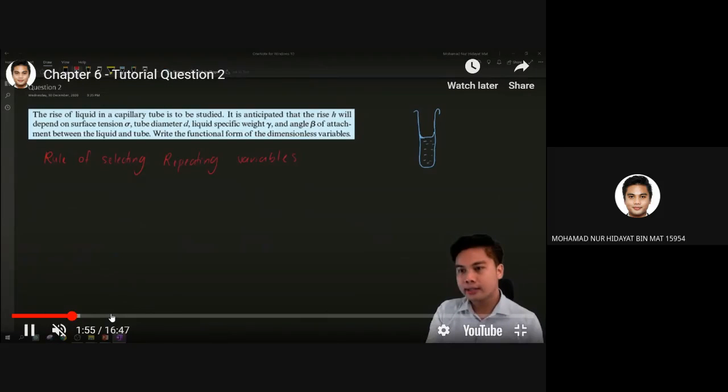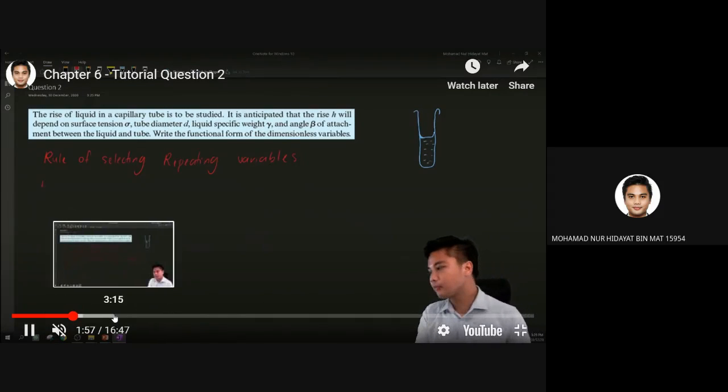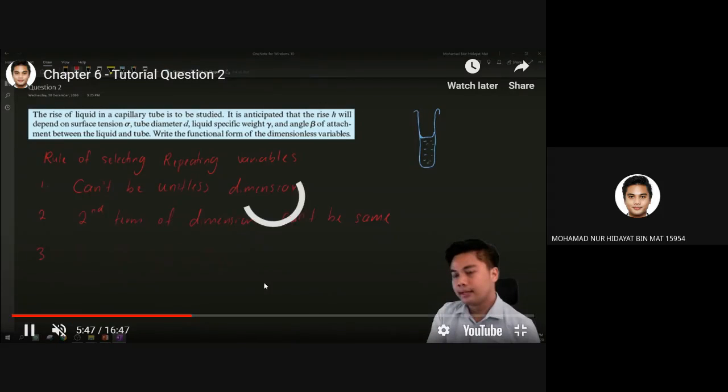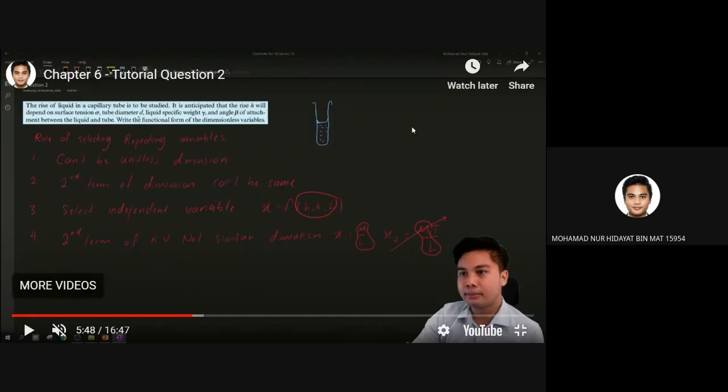we need to understand the rules first on selecting the repeating variable. The first rule, please remember that the repeating variable cannot be a unitless dimension. That means we cannot select the angle or the drag coefficient.